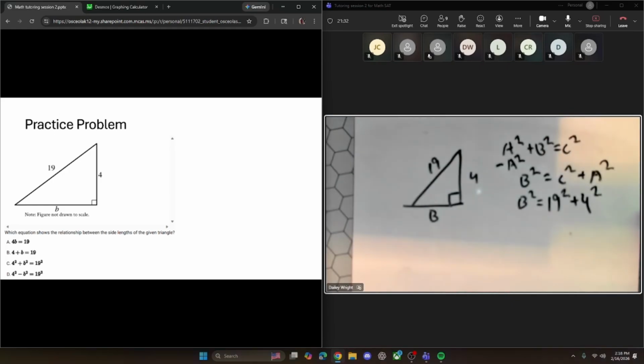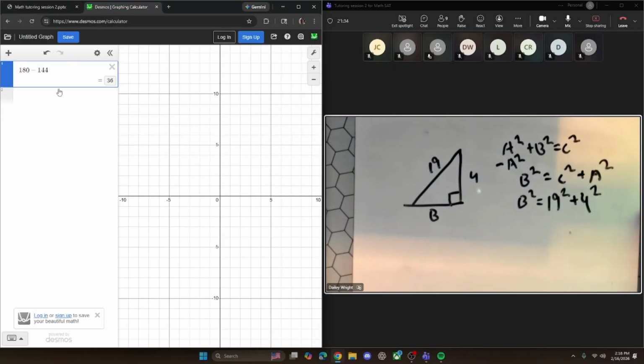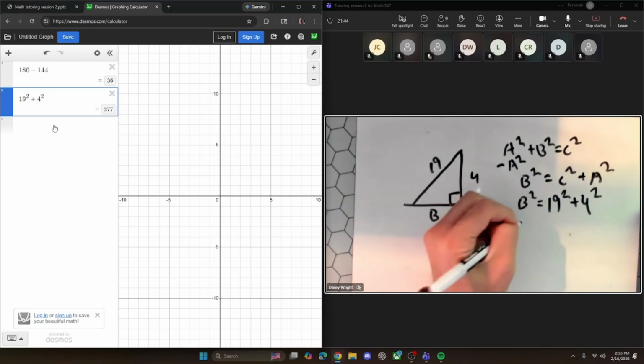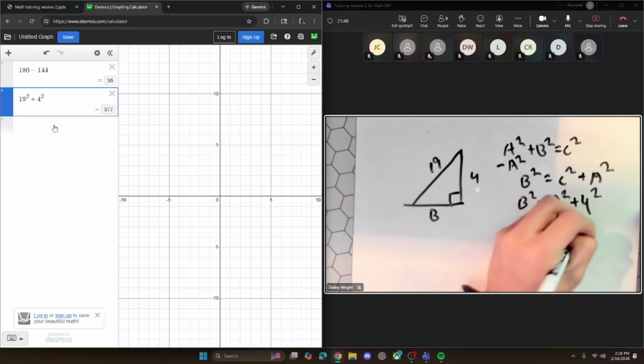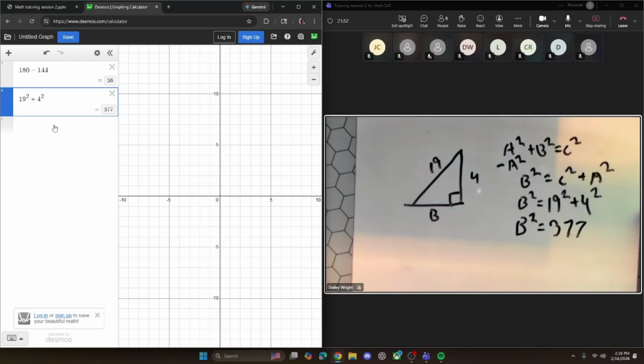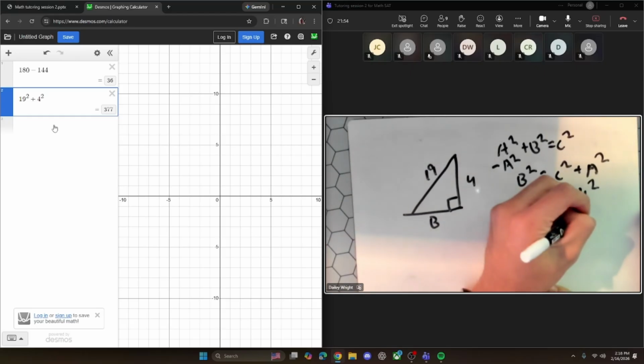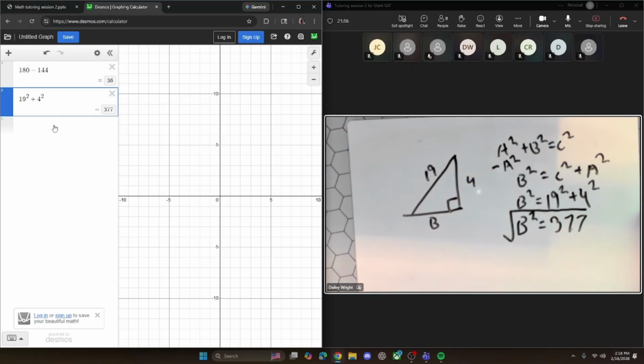And now we will head up into Desmos to do that. 19 squared plus 4 squared equals 377. So b squared equals 377. But don't stop here. That b is still squared. We need to get rid of that square, so we're going to square root the whole thing.